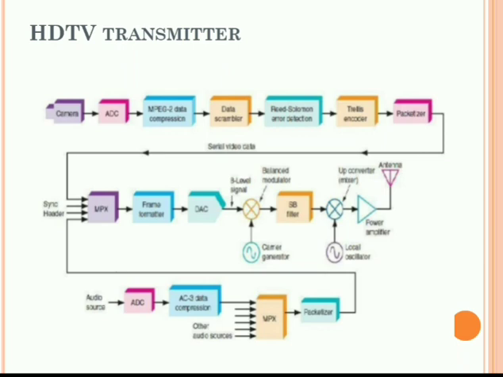Next, the random serial signal is passed through a Reed Solomon error detection and correction circuit. This circuit adds extra bits to the data stream, so that transmission errors can be detected at the receiver and corrected also. This ensures high reliability in signal transmission even under severe noise conditions.